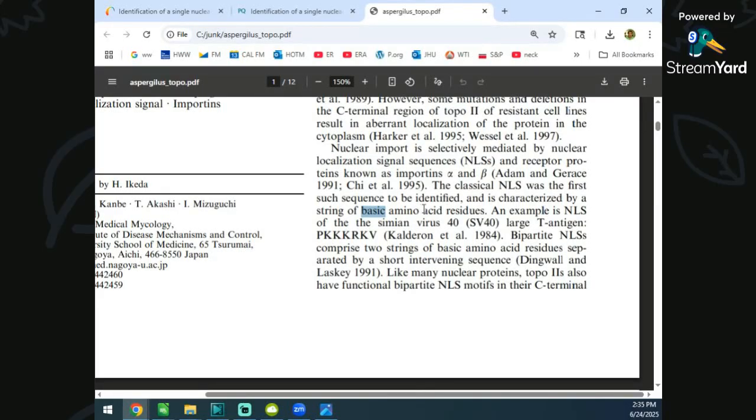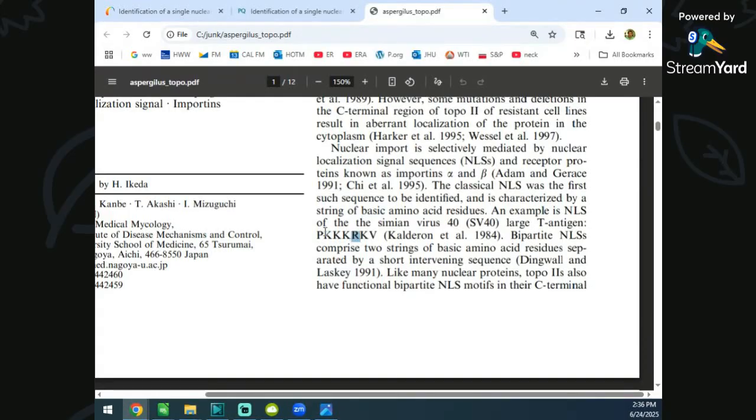Even though this is already an acid, acids have a certain pH, and this is even more basic. That's what I think. We can check that. So K is lysine and R is arginine. I think those are basic amino acids.